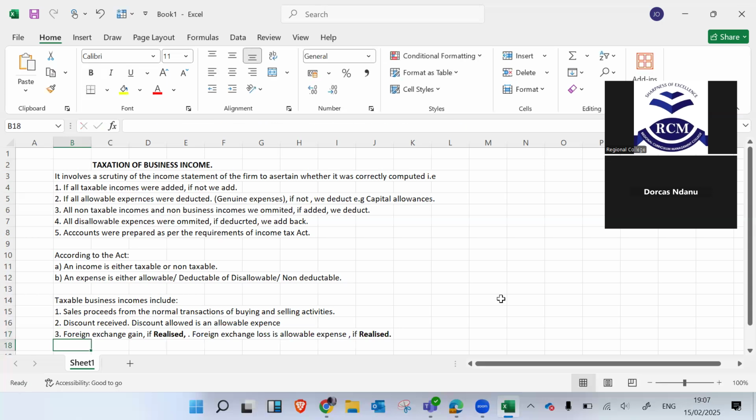Another taxable income. We are looking at another taxable income.